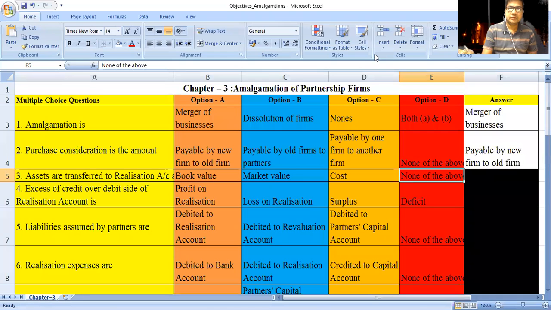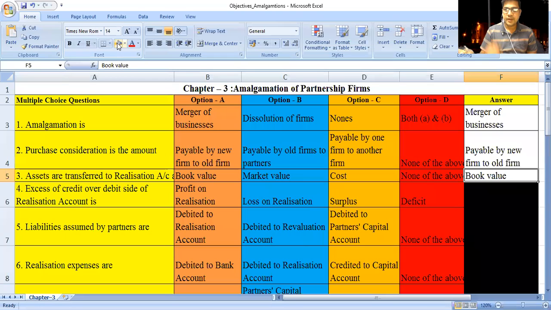The answer, as I already informed, is A, at book value. It is very important. You have to keep in mind that assets are always transferred to realization account at book value only.